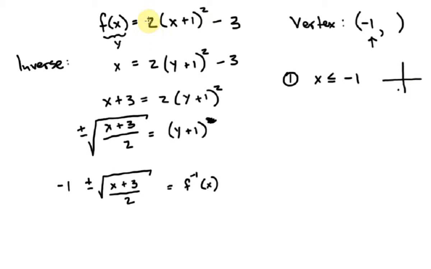There is a +2 in front of the whole thing, so I know it's going to open up. And most importantly, I've reduced it to x's that are less than or equal to -1. So we're actually just talking about the left side. Okay, so there's the original function. That's all we're keeping.